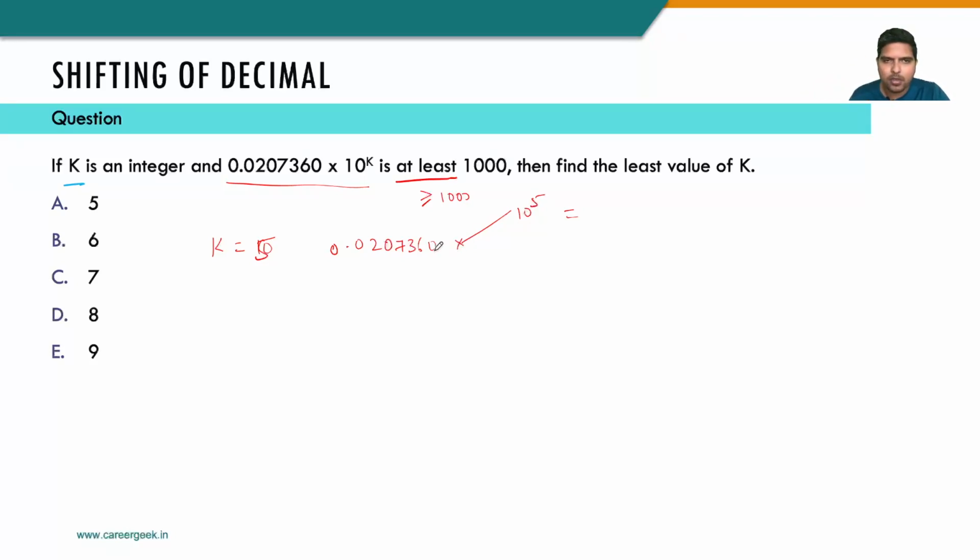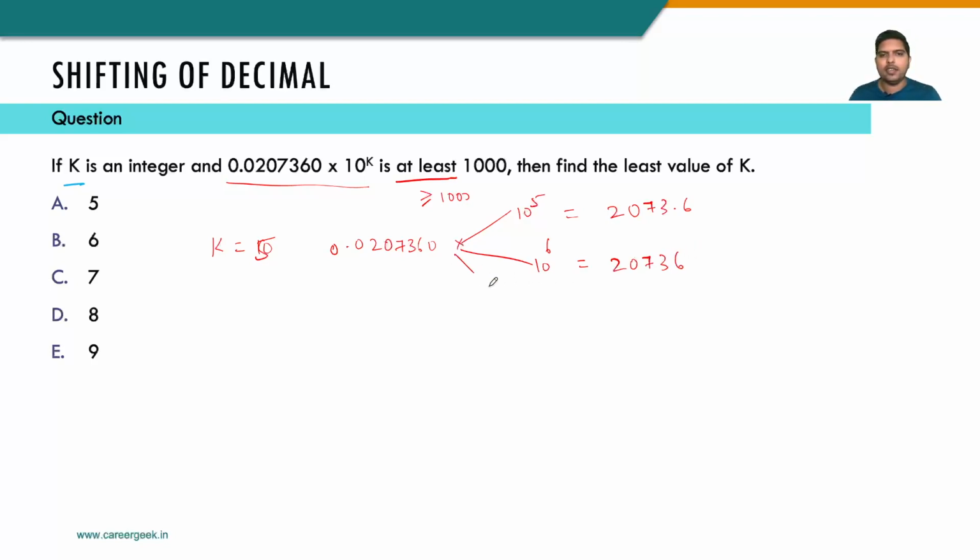Okay. So count 1, 2, 3, 4, 5. 2073.6. Great. So if it is 10 power 6, I have to shift 6 places, right? 1, 2, 3, 4, 5, 6.